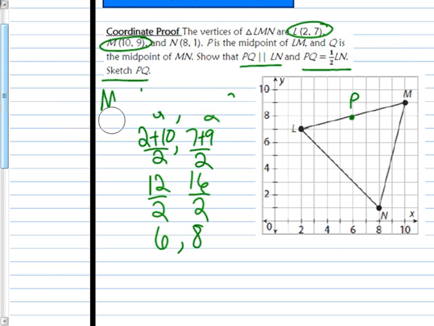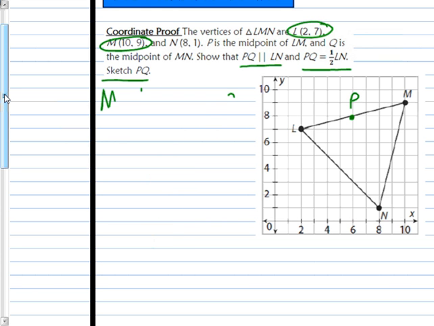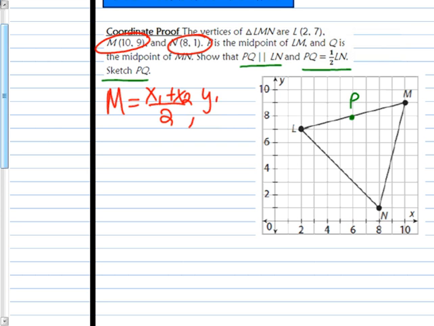Now we're going to find the midpoint of MN. Again, the midpoint formula is x1 plus x2 divided by 2, and y1 plus y2 divided by 2, and this time I'm using M and N. So 10 plus 8 divided by 2, comma, 9 plus 1 divided by 2. 10 plus 8 is 18 divided by 2, which is 9.